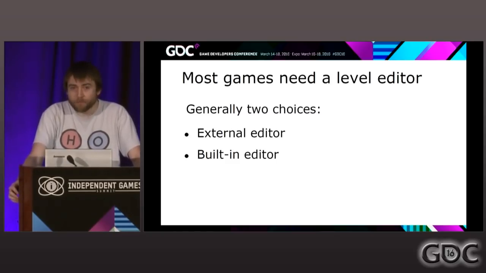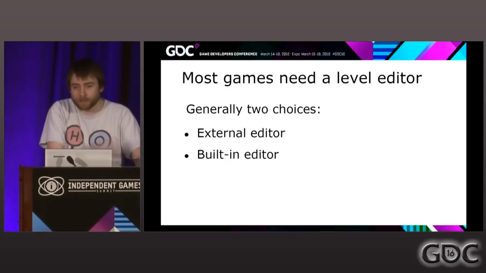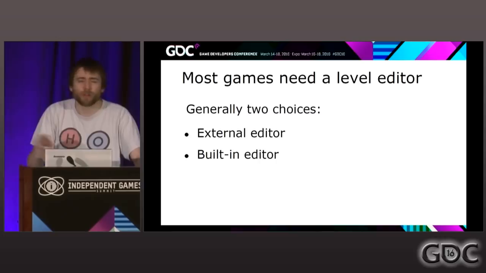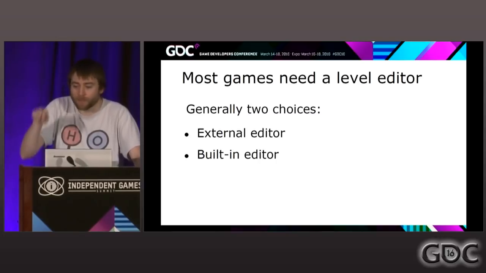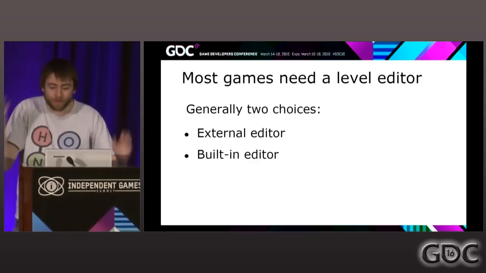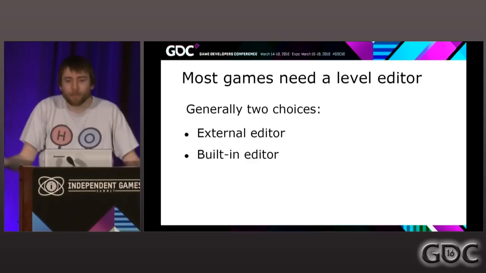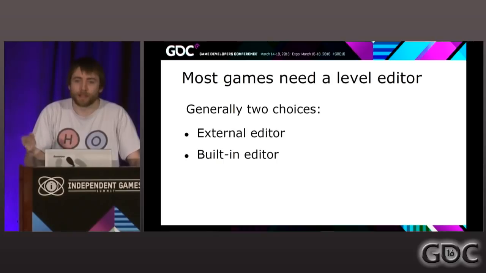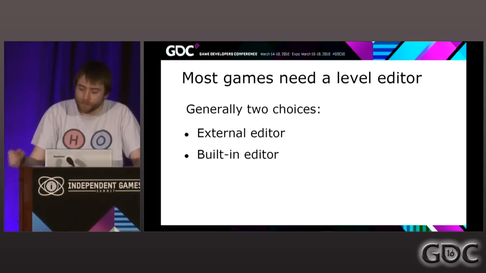So sometimes you might have a built-in level editor to the game. You go, okay, here's my level, just hit a key to go into edit mode, like what happens if I try that? Okay, hit a key, go into test mode. Oh no, that's not possible because I put this thing here. Oh, but I need this thing to be here because of this thing. And it's good to be able to rapidly test, like edit, test, edit, test.